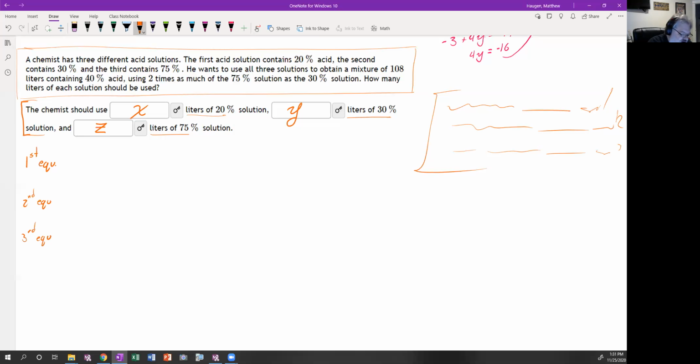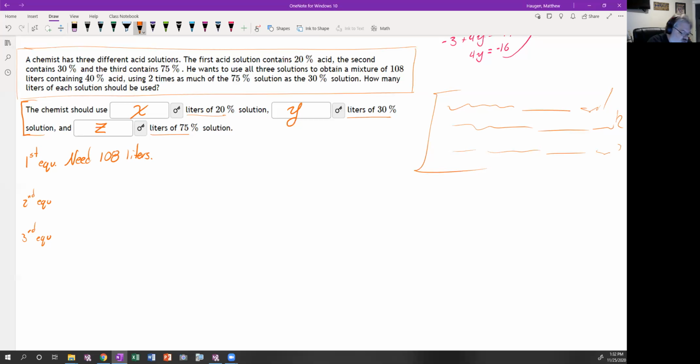So our first equation, we need 108 liters. That fact has to become an equation. Containing 40% acid.